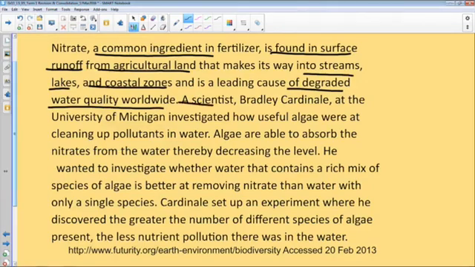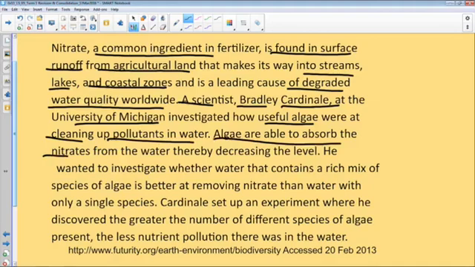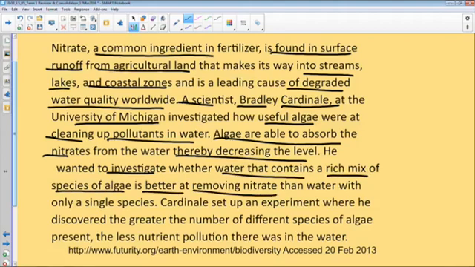A scientist, Bradley Cardinale, at the University of Michigan, investigated how useful algae were at cleaning up pollutants in water. Algae are able to absorb the nitrates from the water, thereby decreasing the level. He wanted to investigate whether water that contains a rich mixture of species of algae is better at removing nitrate than water with only a single species.